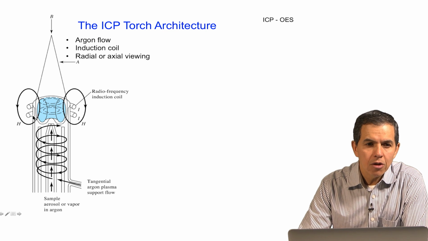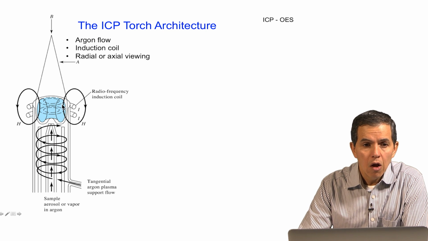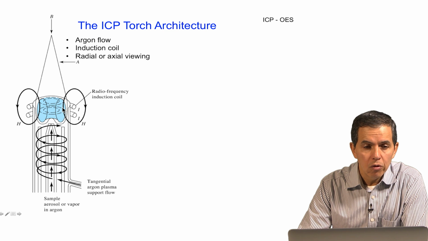This coil is subjected to a very high frequency and very high current electromagnetic field, which results in the production of a magnetic field, and any ions that are present in this region will then be moved due to the presence of the electric field. It is the rapid movement of ions that will cause friction and will lead to the very high temperatures that are characteristic of the ICP torch.